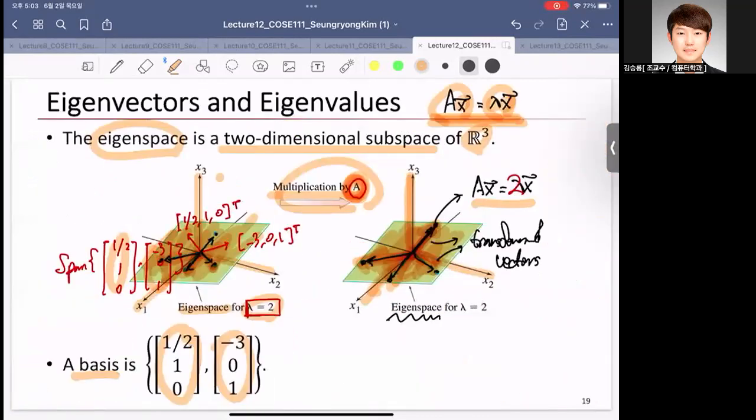The geometric view of the eigenspace was like this. Even though matrix A can transform an arbitrary vector x to the transformed space Ax, the vectors in the eigenspace are transformed within the eigenspace as well, with the same direction but a different magnitude, which is determined by the eigenvalue lambda.